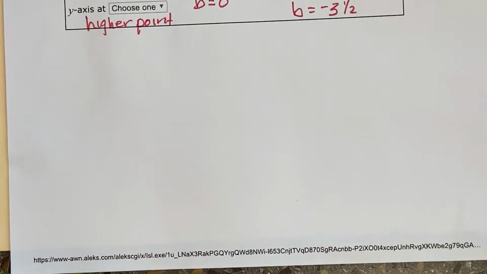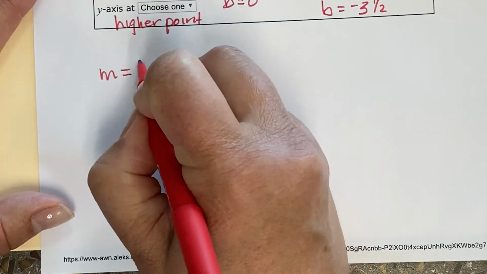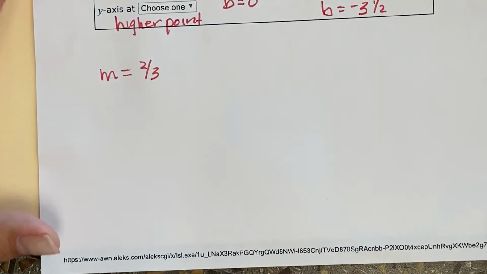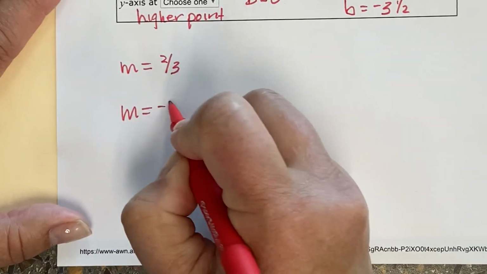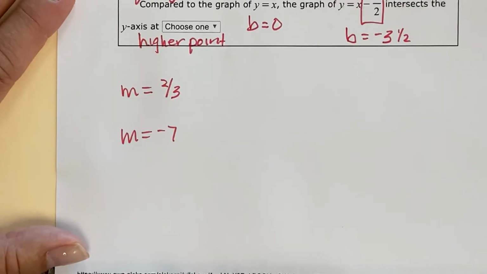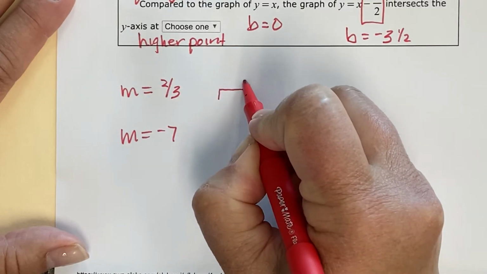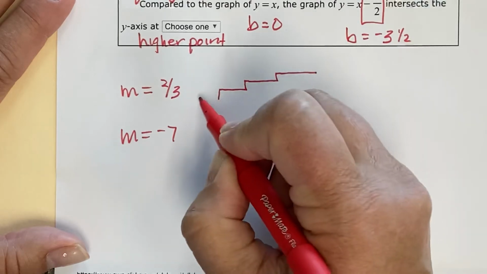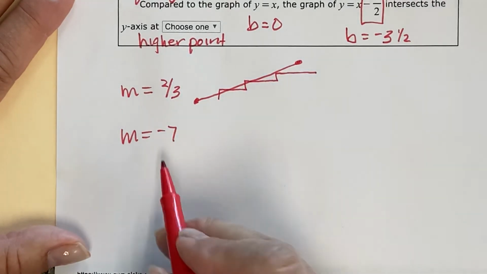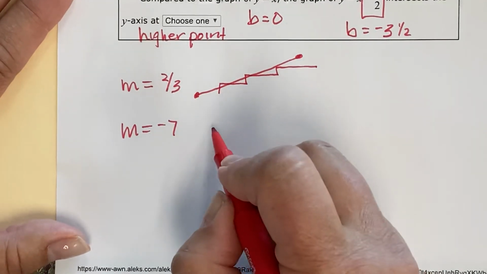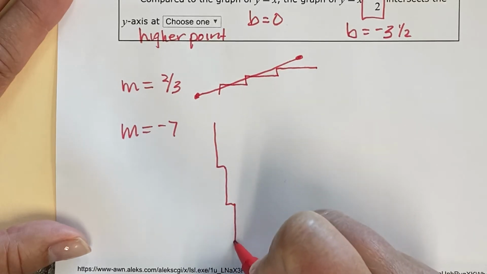Okay, here's something to be careful of though. Let's say you have a slope of 2/3 and you're comparing it to a slope of -7. This one, up 2/3, up 2/3, up 2/3. So it'll be something like that. This one, down 7/1, down 7/1, down 7/1.